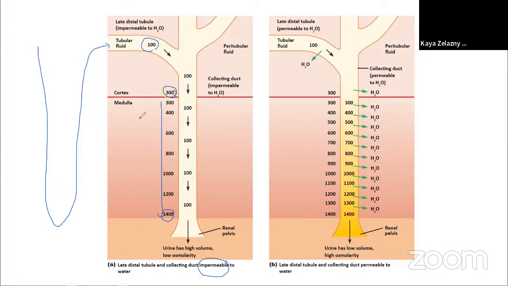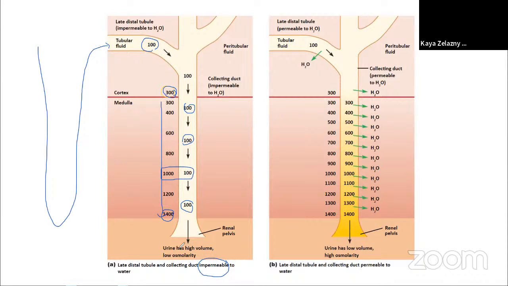As we continue into the medulla, the force gets stronger and stronger, as these numbers get farther and farther apart. But again, on the left we're looking at a situation where these regions are impermeable to water. So even though there is a pull on the water, nothing's happening because we don't have a way across the cells.